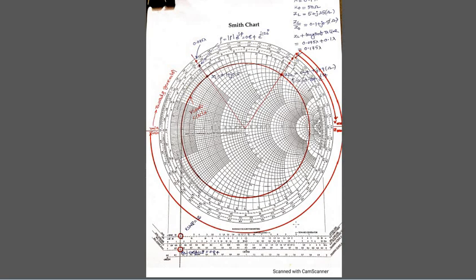If time permits we may go for further numerical problems on the Smith chart. But if you have any doubts, or if you are interested in a few more problems, you ask me. With this we are going to wind up our 5th unit. This is the 5th unit.